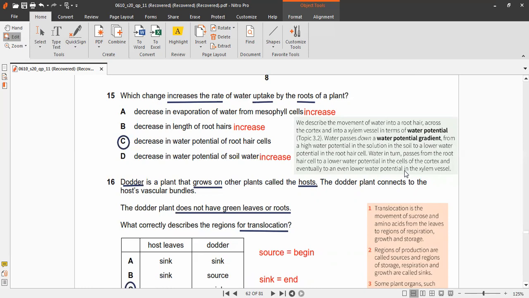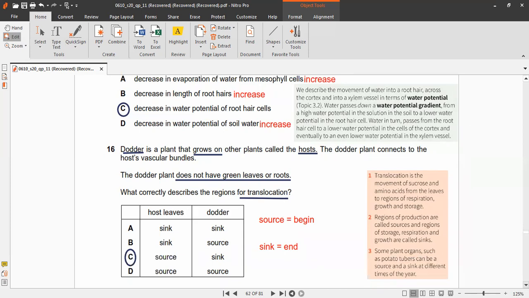So the correct answer is D, decrease in water potential of root hair cells. This change increases the rate of water uptake by roots of the plant by osmosis.